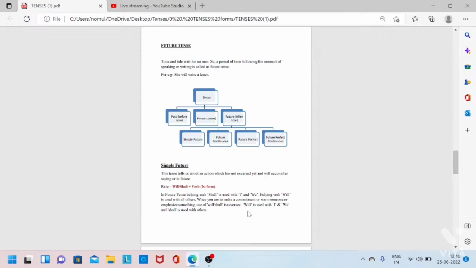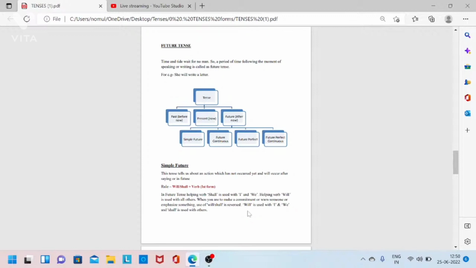So here, what is simple future? This tense tells us about an action which has not occurred yet and will occur after speaking, in the future. Okay, the rule is that will and shall are used plus the first form of the verb. In future tense, the helping verb shall is used with I and we. Okay, will is used with all others.